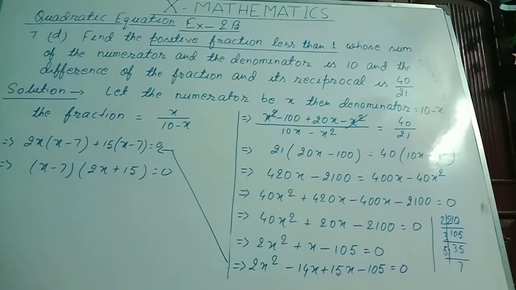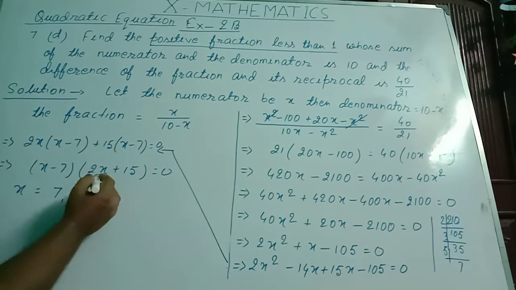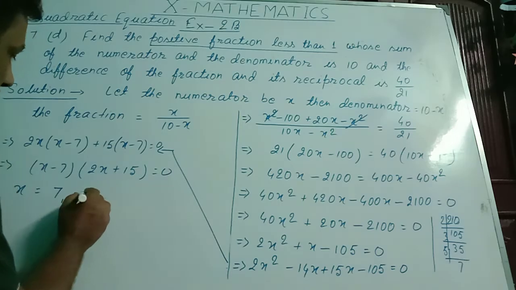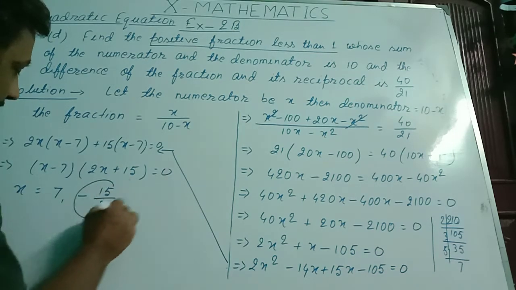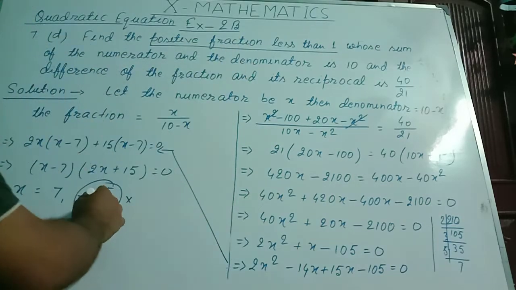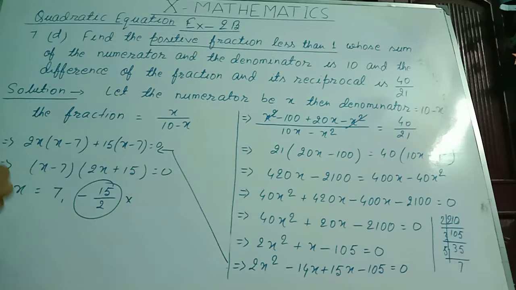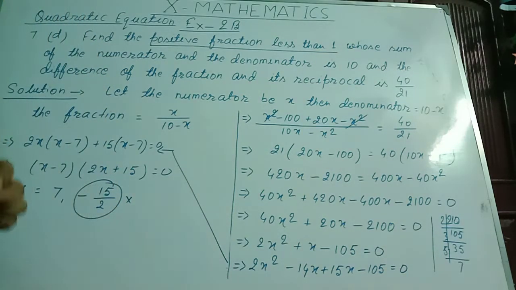Since the fraction is positive, we have two values of x. At first we write x equal to 7. Why? Because if x minus 7 equals 0, then x equals 7, and if 2x plus 15 equals 0, then x is minus 15 by 2. This we can't take because this is a negative fraction and we need a positive fraction. No doubt it is also less than 1, but it is not positive.